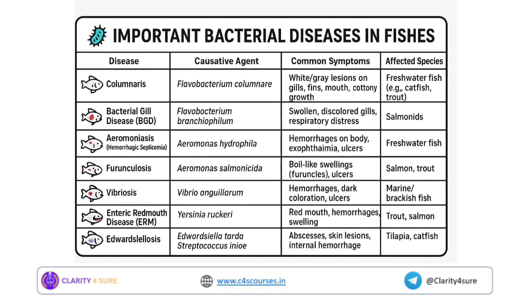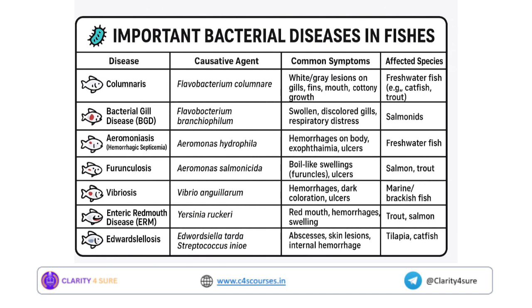Now meet one of the most notorious fish pathogens, Aeromonas hydrophila, the agent behind Aeromoniasis or hemorrhagic septicemia. This bacterium invades freshwater fish under stress or when water quality dips. The symptoms: think blood and bulges. You will notice hemorrhages, pop-eye or exophthalmia, skin ulcers and a bloated belly from internal fluid accumulation.